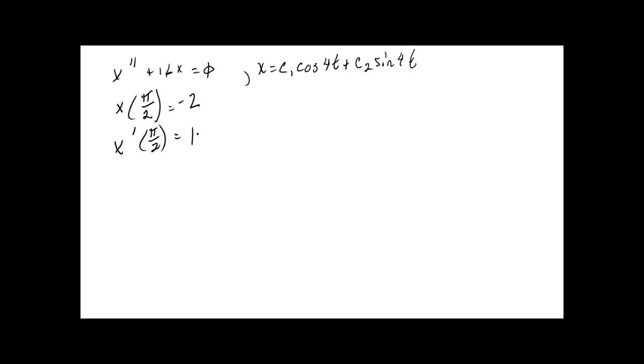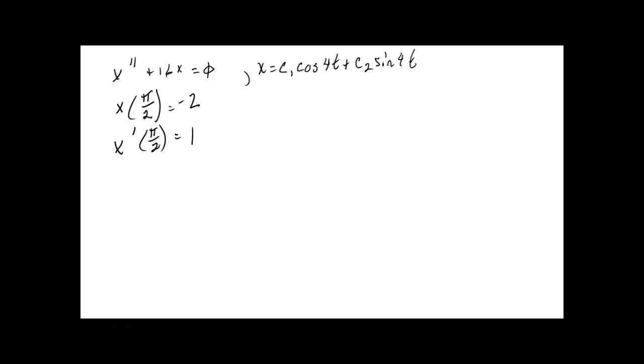Here is where I kind of don't like the word initial, and it's just the way I think of things, because usually when I see t being the independent variable, I think initial means when that's equal to 0. That's not always the case. It means some fixed value and then a derivative. And I don't think it has to be the same fixed value, not in every case. Some cases it might need to be, but not necessarily in every case.